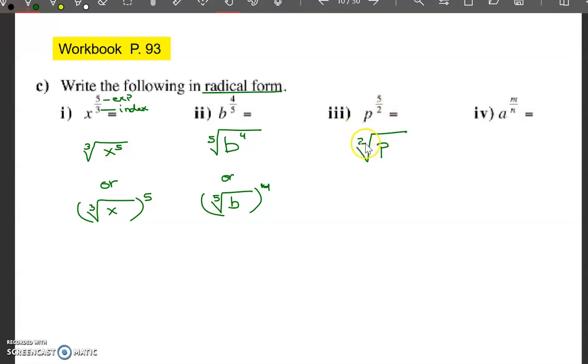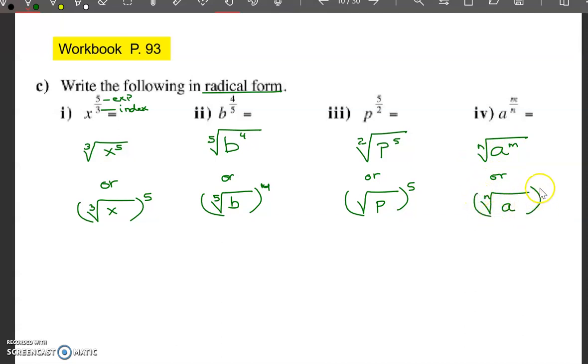We don't really write that 2 in there, but I'm doing that to show you guys that that's where it will go. And then you can put the 5 outside. Okay, last one here, n becomes your index, m becomes your exponent, or you can put that exponent outside. Okay. If we look at the example on the next page, we can actually see places where we can evaluate it.